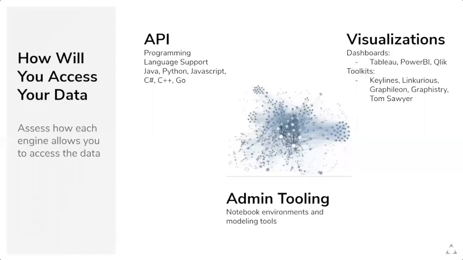What we end up seeing oftentimes is custom programming, API access, usually in one of these programming languages that you see here: Java, Python, JavaScript, some of the C variants, and Go are the things that we see most often. We should make sure that whatever graph vendor you select aligns with your API programming language of choice.